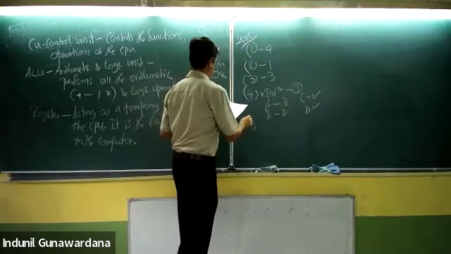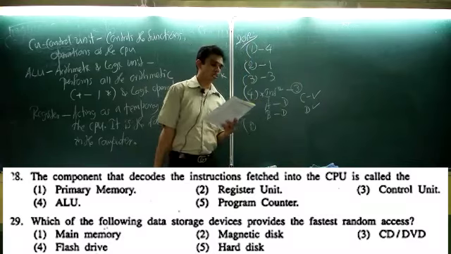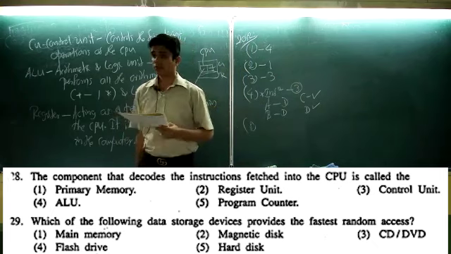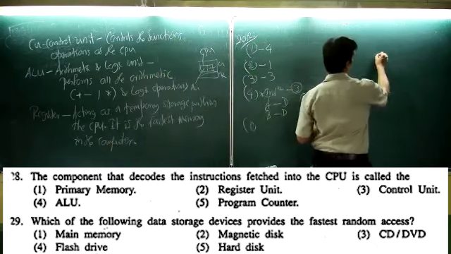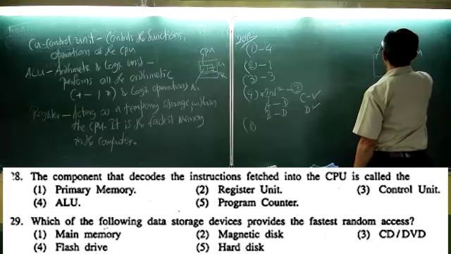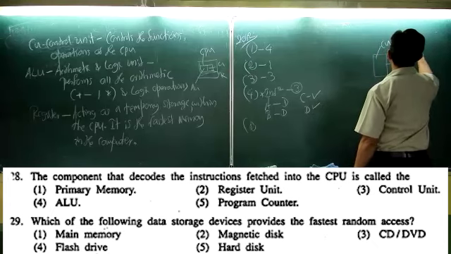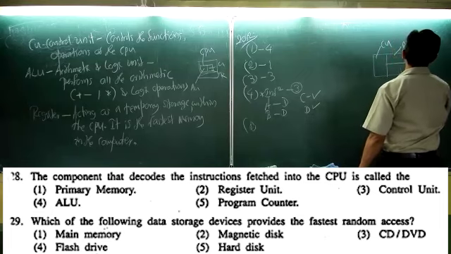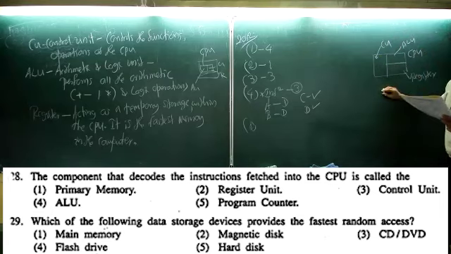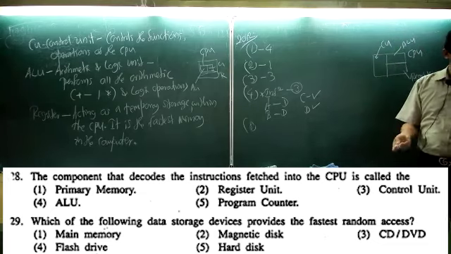Then question number 8. The component that decodes the instructions fetched into the CPU is called as. This is about the CPU. When it comes to CPU, we said that there are 3 items: control unit, ALU, as well as the registers. Now we had that fetch execute cycle.